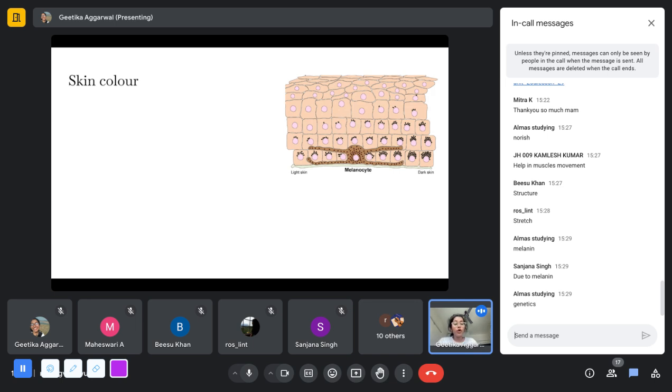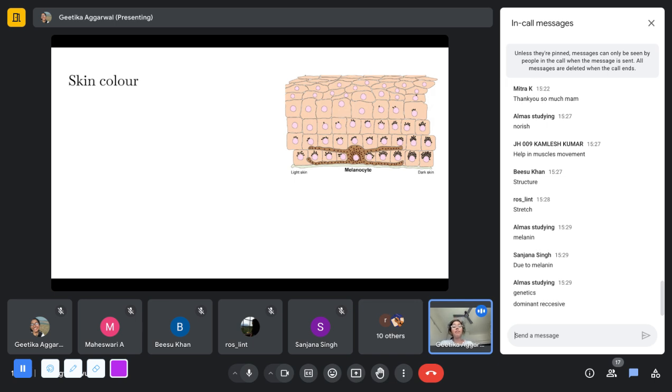There is one abiotic factor that plays an important role in deciding the amount of melanin that we have. Genetically, people have evolved to have certain concentrations of melanin.